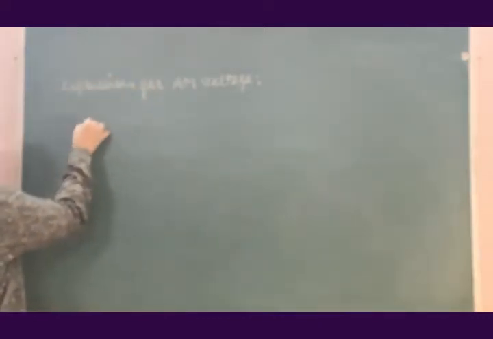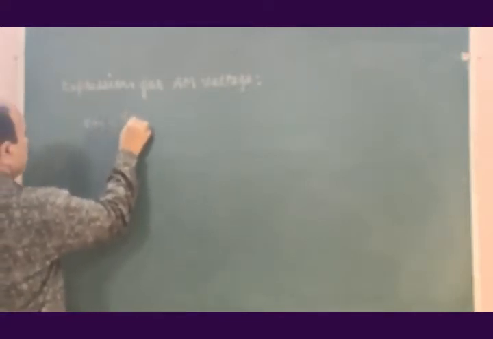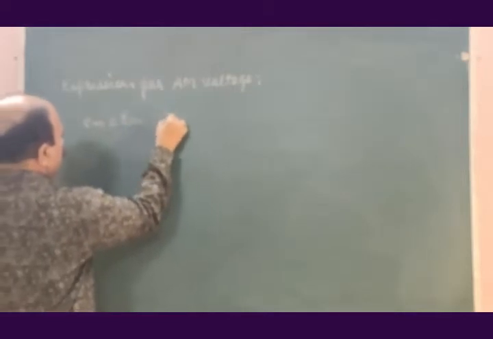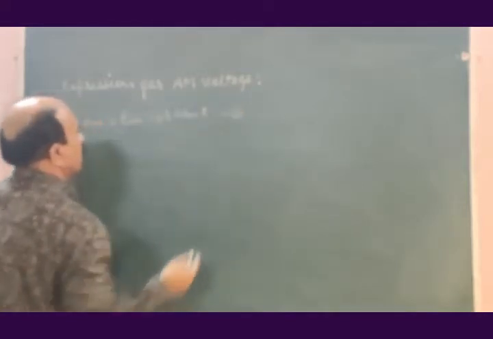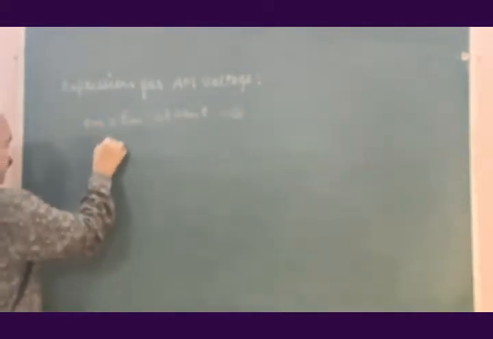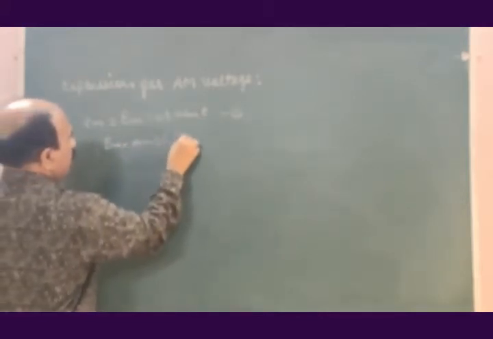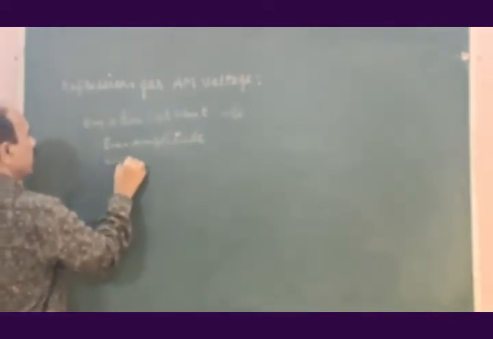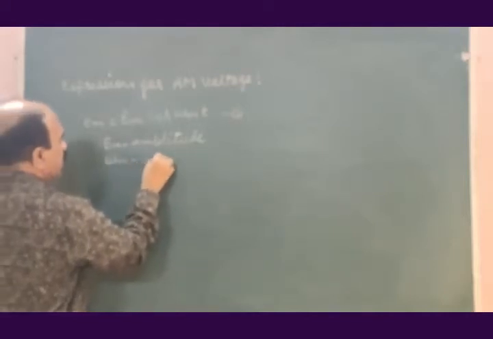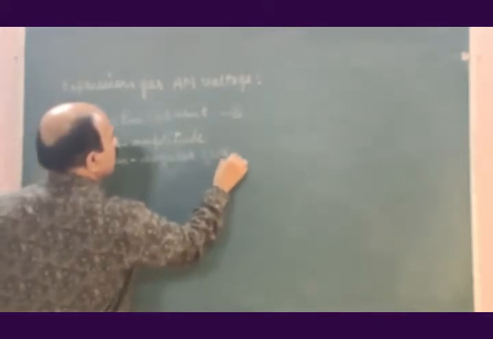Let the modulating voltage be given by small em is equal to capital Em into cos omega m t, equation number 1, where Em is amplitude of modulating voltage, omega m the angular frequency of modulating voltage.